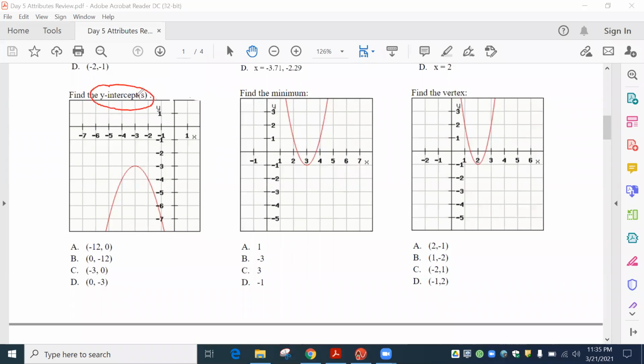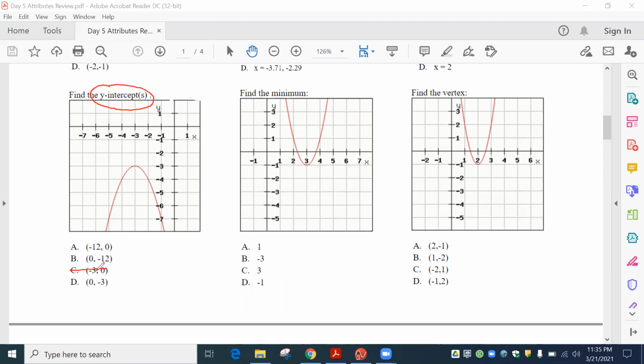Y-intercept. Oh, not going to do this question right here. Well, no, we can still do this question. First off, when I see this, I can't tell where it crossed. That's why I thought we weren't going to be able to do it. But when I looked at my answers like a good test taker, I asked, does it touch at -3?